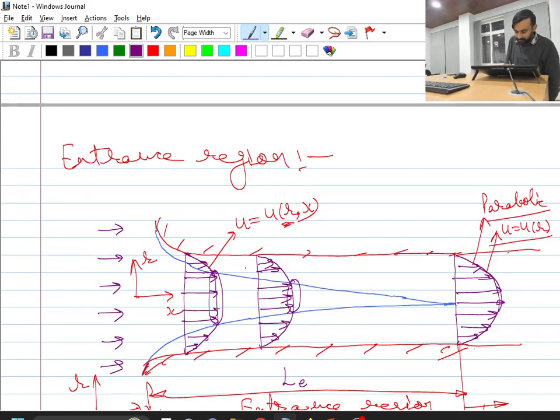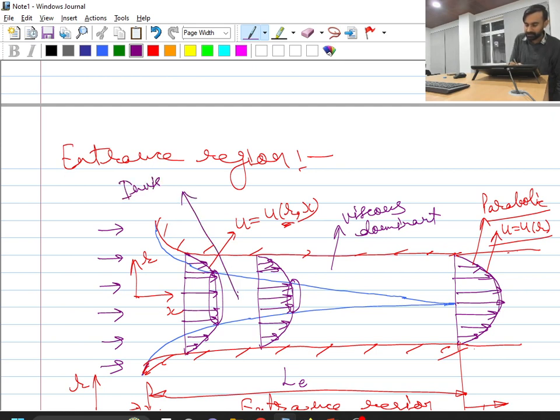You can see this outside zone is nothing but the viscous dominant region. Okay, and this inside zone, where the boundary layer is not there and the velocity profile is almost constant and independent of the viscosity, is nothing but the inviscid region. Is this point clear?